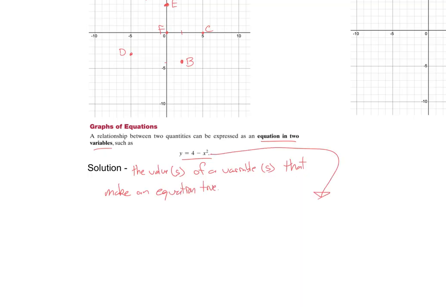So in this equation, let's see if 0, 3 will make this equation true. So I'm going to put 3 in for y, so 3 equals 4 minus 0. Is that equation true when I put the 0 in for x and the 3 in for y? No. So this is not a solution.